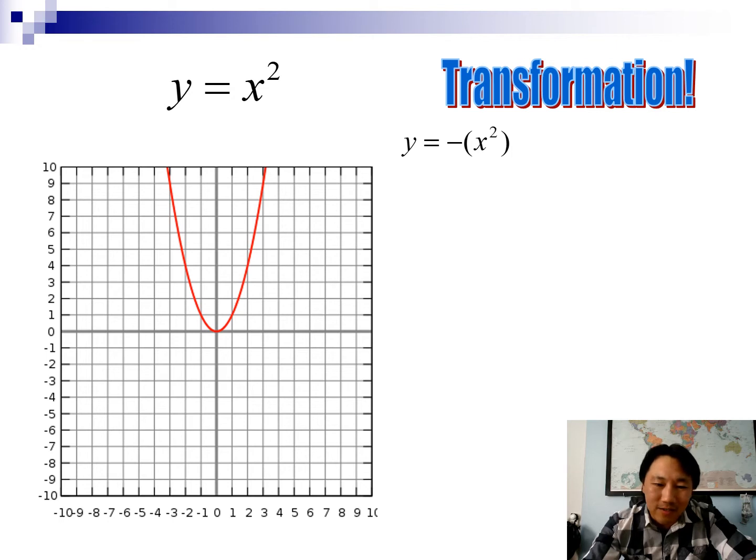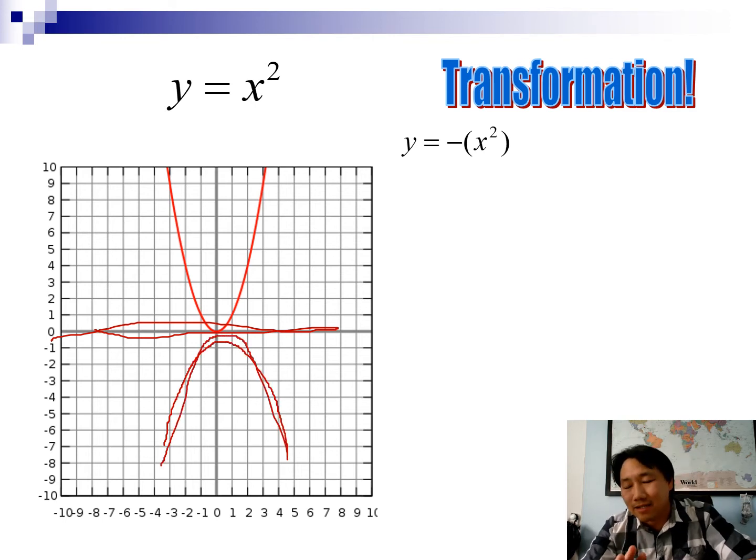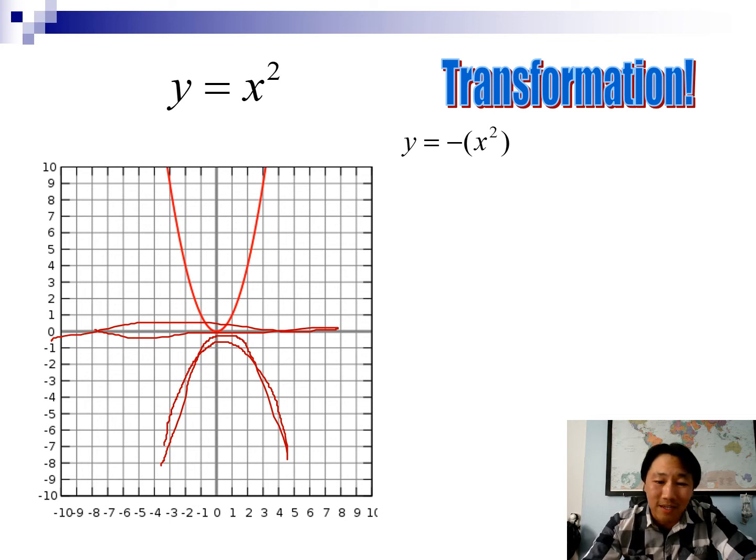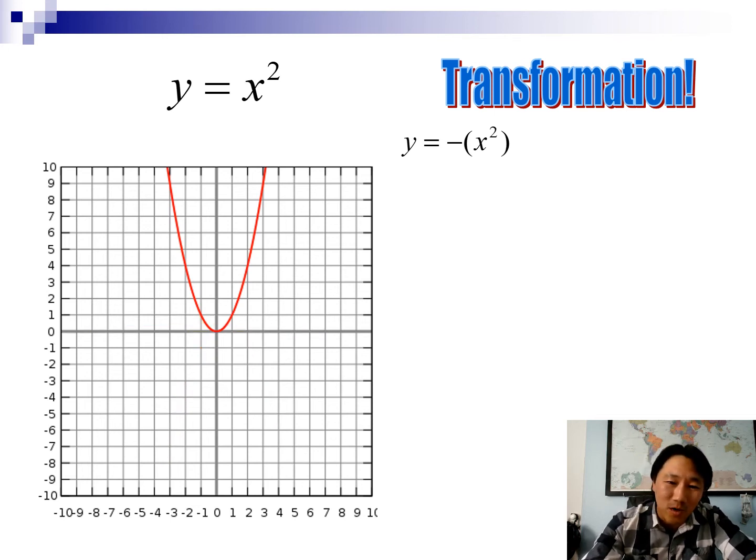So here's the x-axis, and it is reflected across the x-axis. Pretend that's drawn perfectly. I'm trying to use a mouse to draw it, so that's why. So when we put a negative in front of the parent graph, it is reflected across the x-axis.